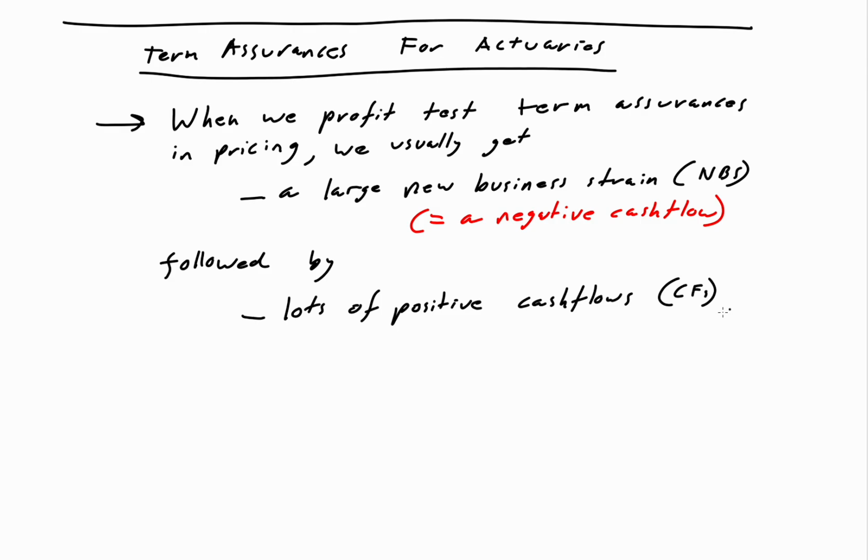Now, it's a term assurance, so what you do tend to get right at the end of a term assurance, when the QX times the sum assured gets really big, you can get some negative cash flows happening at that point. But we're just going to ignore that and think of it in this simple example. So you get a negative cash flow at the start, and then a few positive cash flows afterwards. So to actuaries, we're making a loss to begin with, and then we're getting profit in all subsequent years.